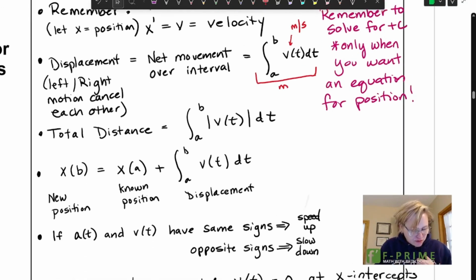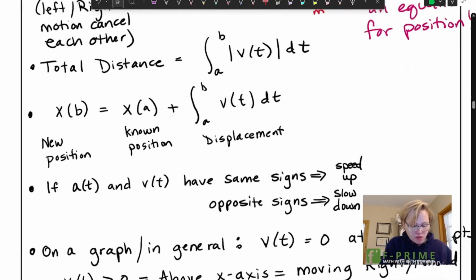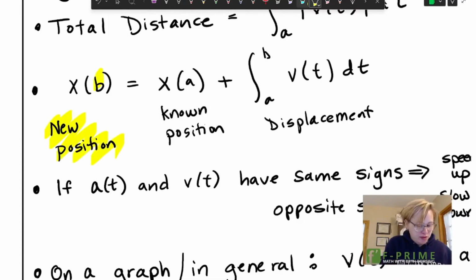We're often asked for a position. So if you're asked for a specific position in time, here's the formula that you want to remember. Your new position, sometimes this position is after our known position, we're going to call that time b, and that's going to be the upper limit of your integral. You're going to take your known position.